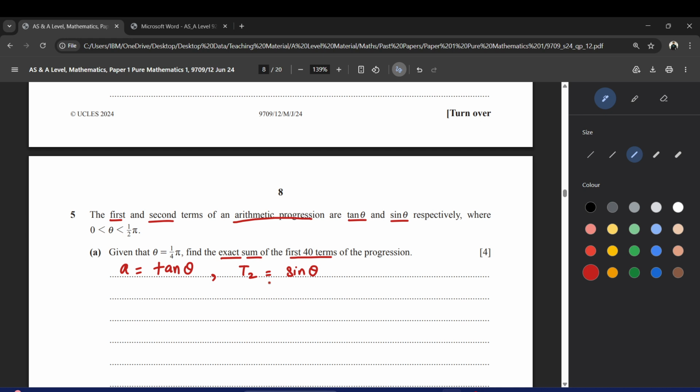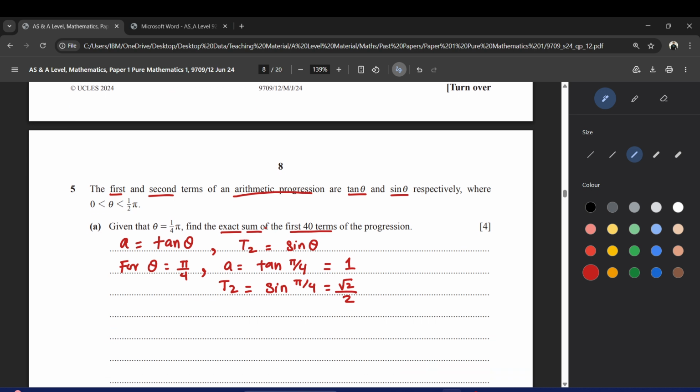So if I find out what would be the exact value, for theta is equal to pi upon 4, a will be tan pi upon 4. So this will be tan pi upon 4, that would give you 1. And the second term is sine pi upon 4, that gives us root 2 upon 2.